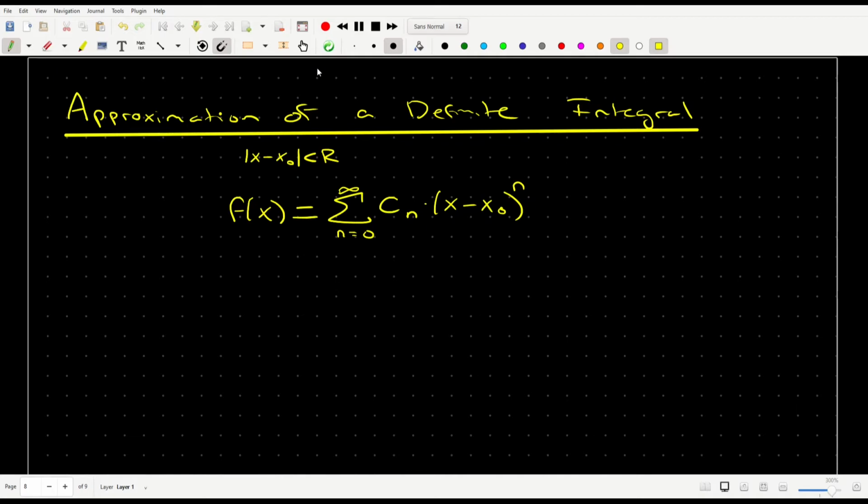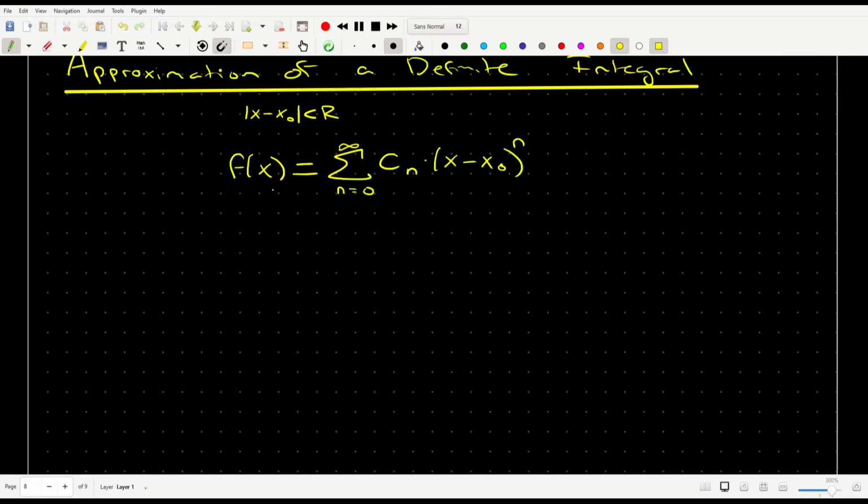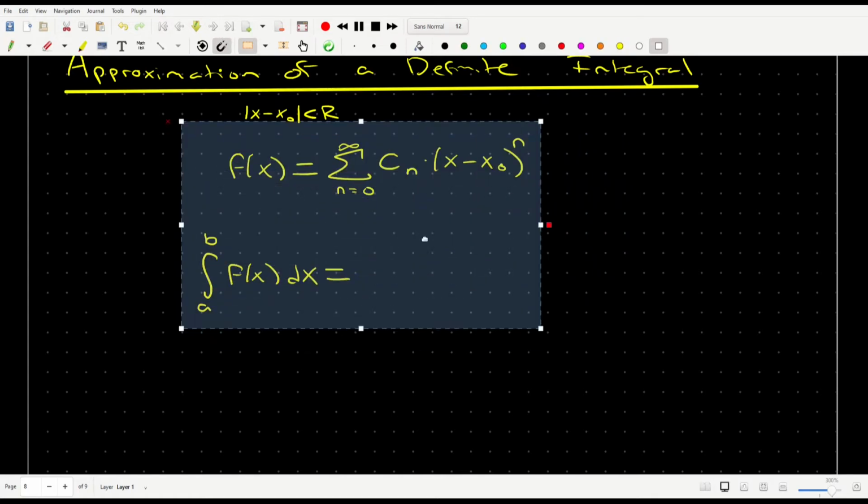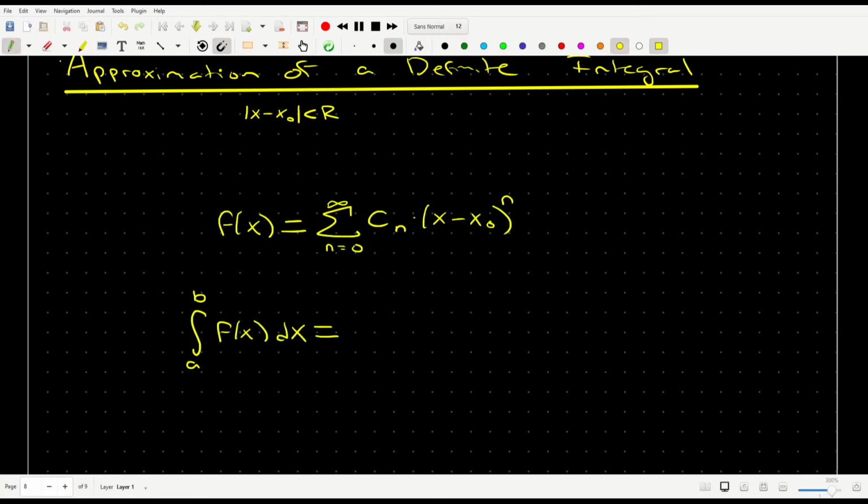Well, we know that we can do term-by-term integration, and because of this, we know that the integral from a to b of f of x can be directly found. Now we have a little bit of a condition here that has to be true. We can only do term-by-term integration if the endpoints of the integral are inside the interval of convergence.